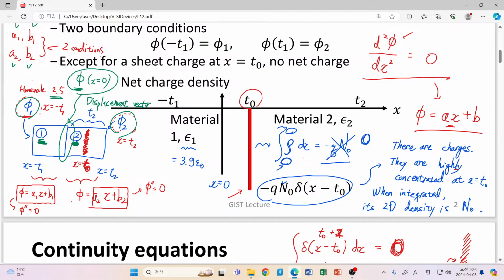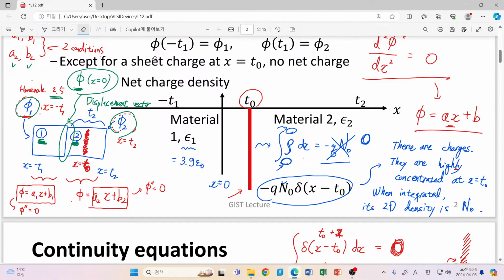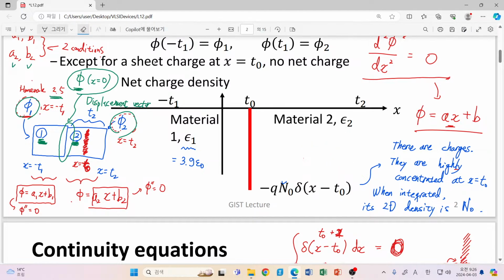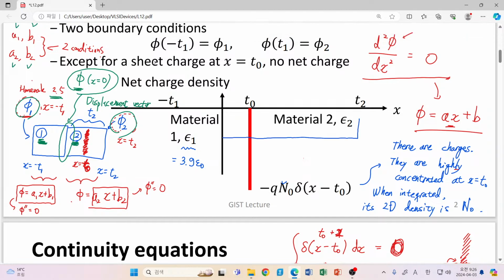Yes, so maybe in this course you can see only two types of charge distribution. One is uniform distribution. Here we are considering quite highly localized charge density, but another case we are frequently looking at is, for example, a certain charge density shown here.